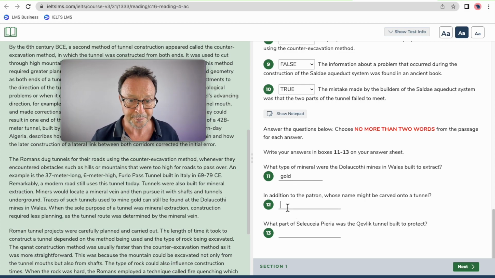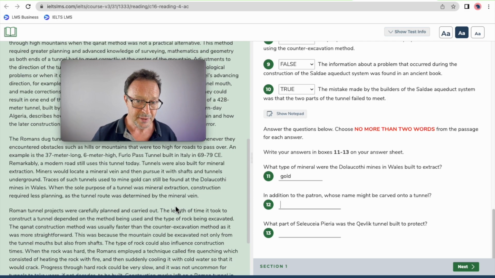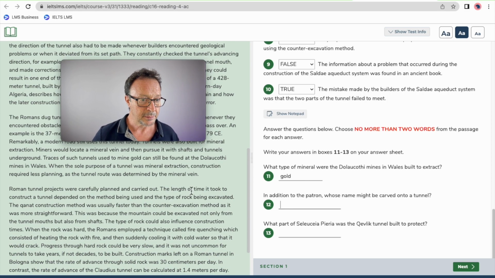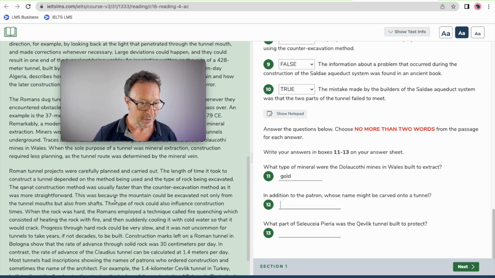Pretty sure about that. In addition to the patron whose name might be carved onto the tunnel. Okay, extraction. Scanning there for names of patrons.